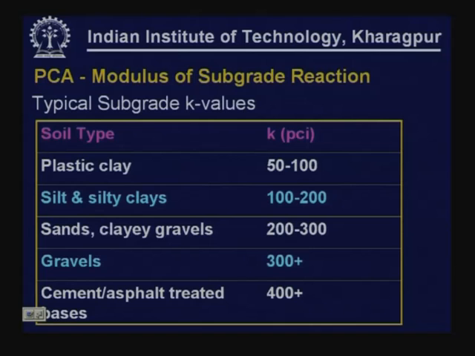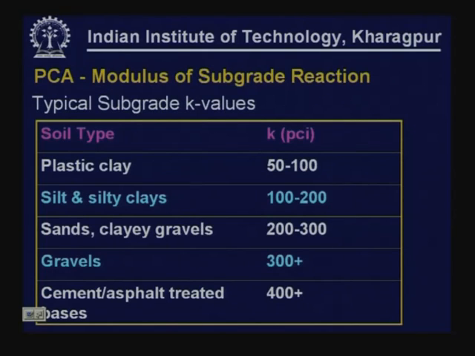These are the typical modulus of subgrade reaction values for different types of subgrade soils. For example, for plastic clay, one can expect a K value expressed in terms of pounds per cubic inch in the range of 50 to 100, whereas for gravels it can be more than 300.